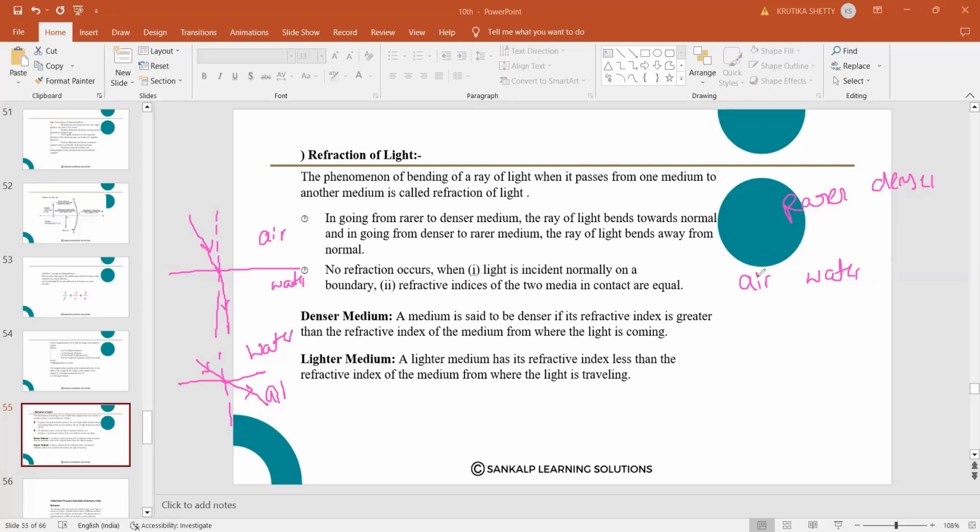So Shreya and Panchami, in air and water, which is the rarer medium and which is the denser medium? Rarer medium means the density will be less, denser medium means the density will be more.